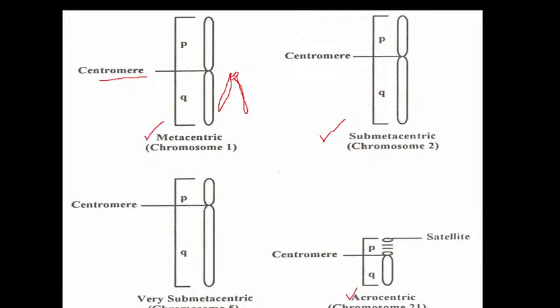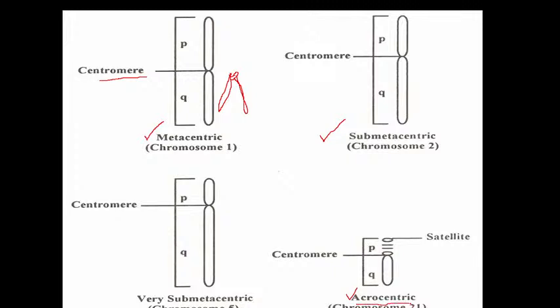If the centromere is located a little bit away from the center, that's known as a submetacentric chromosome. Then, if it is much farther from the center, it is still submetacentric. Then the acrocentric chromosome: the centromere will be almost towards the tip of the chromosome.